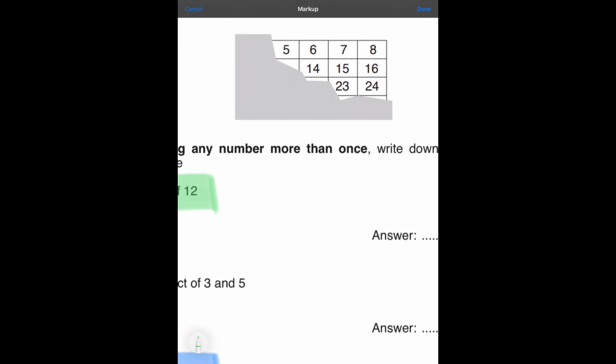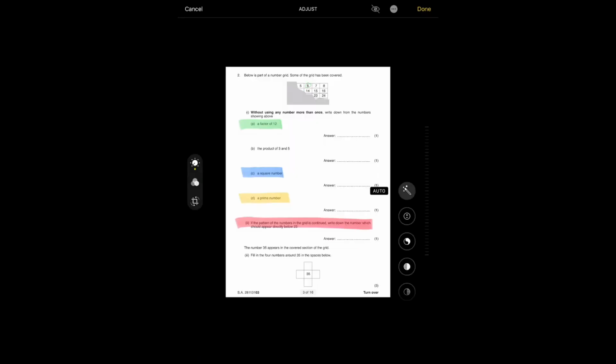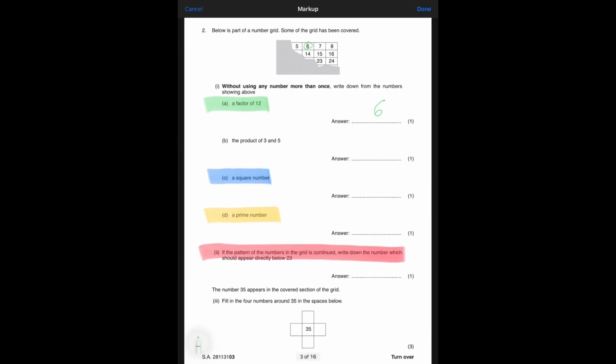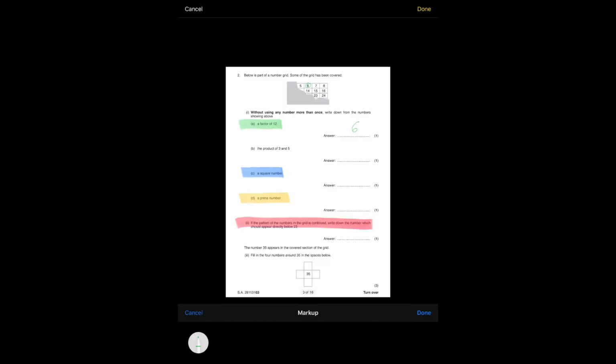Which of those numbers is 12 in the times table? Is 12 in the 5 times table? No, it's not. Is 12 in the 6 times table? Yes, it is. Now we can keep checking. Is it in the 7? Is it in the 8? Is it in the 14? No. So we know that our answer there is 6. 6 is a factor of 12 because 12 is in the 6 times table.